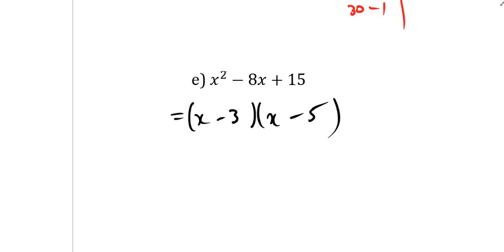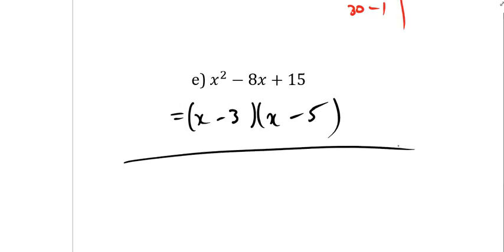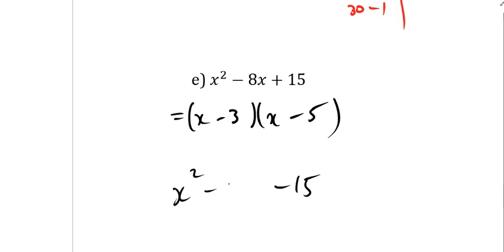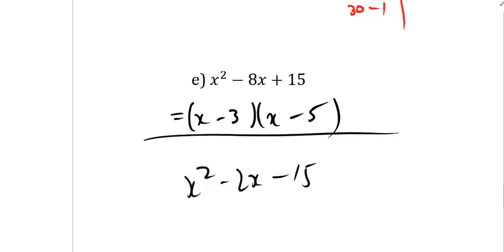So two numbers that multiply to 15 and add up to negative 8, and they're both going to be negative. If it was two numbers that multiply to negative 15, it would have to be like x squared minus 2x minus 15. So these ones have a negative product, so they have different signs.